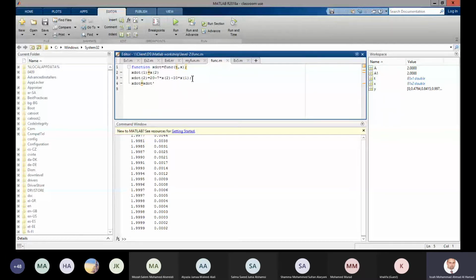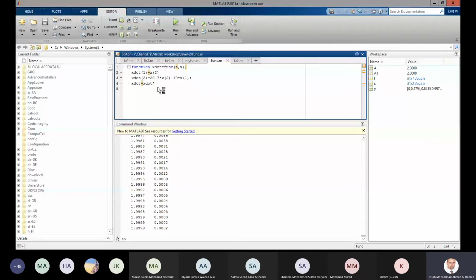So you keep this file, we call it ex5. This is the solver, the code for any differential equation. You just play with the initial conditions, and here you change the differential equation. This part will be common. If you have a second order differential equation, it will always be in this form, so you can play with the differential equation here.